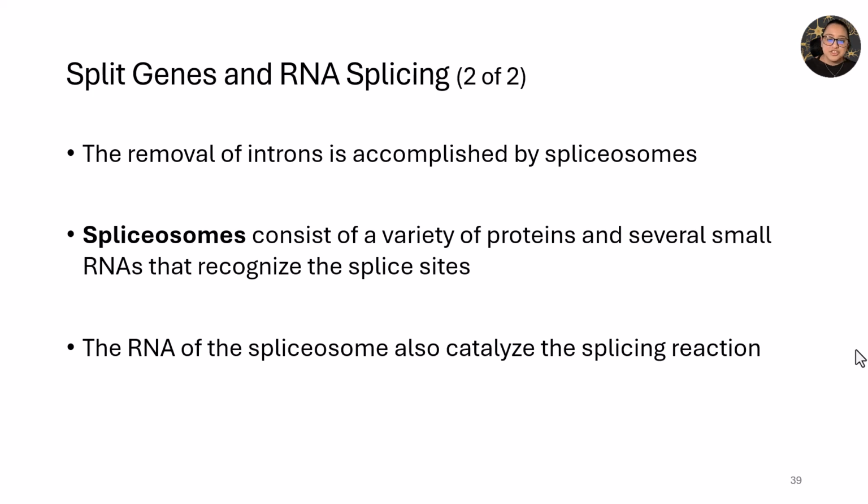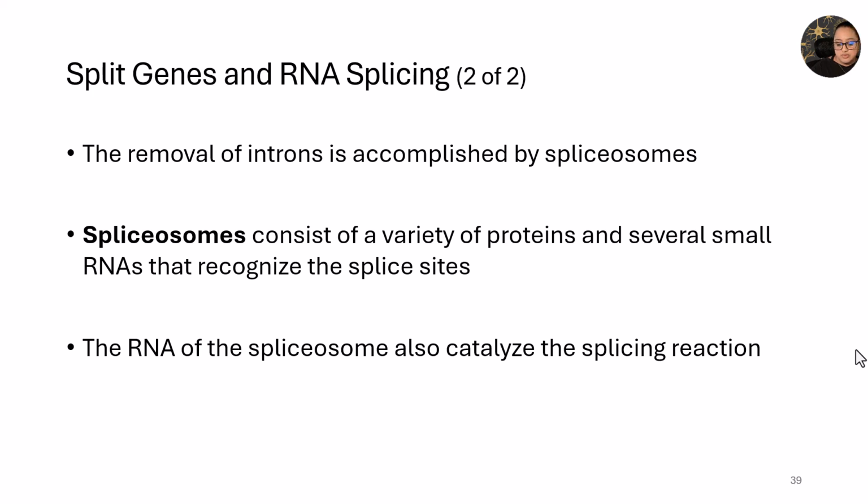And so how does this actually get spliced? The removal of introns is accomplished by structures called spliceosomes. Spliceosomes have a variety of proteins and small RNAs that recognize those splice sites. So it's a complex of proteins and small RNAs. They recognize these splice sites that are saying, hey, this is an intron, this is just fluff.